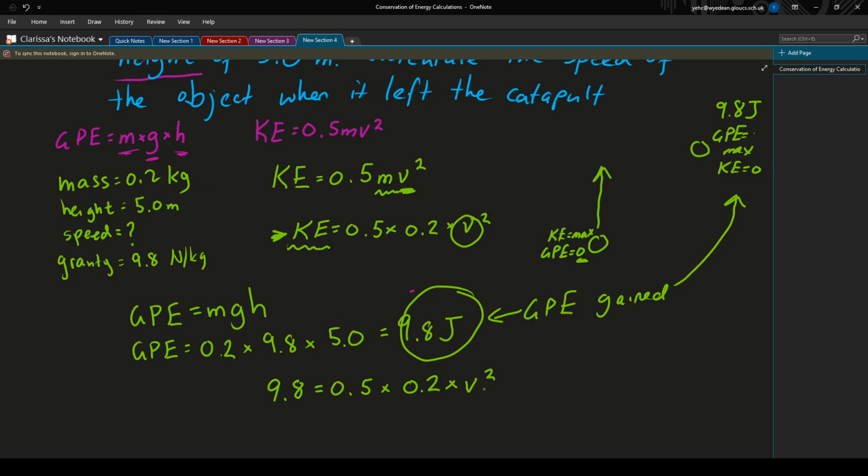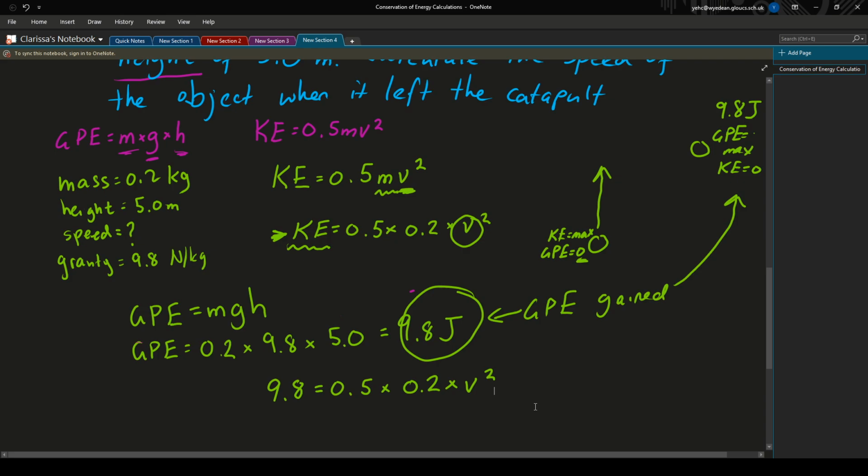All types of energy, when things get transferred, are linked by the law of conservation of energy. We can't have missing energy amounts. We needed to have the same unless our question tells us otherwise.